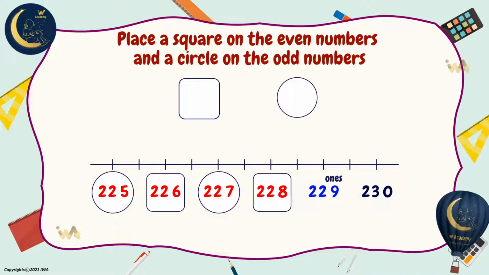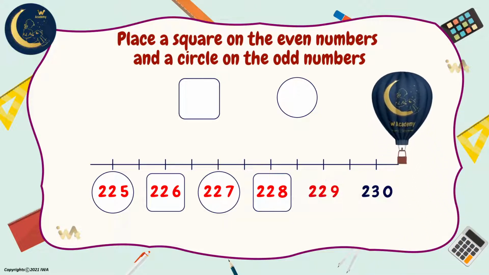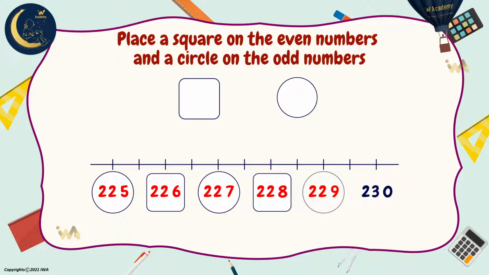So the number 229 is an odd number, so we will put a circle on it. The number 230. We will look at the ones place. It has a 0, which is an even number. So the number 230 is an even number, so we will put a square on it.